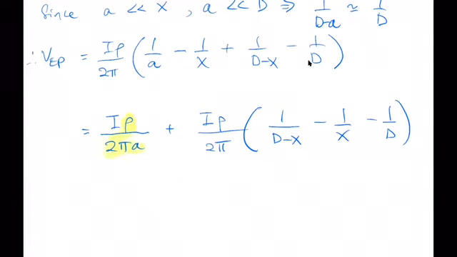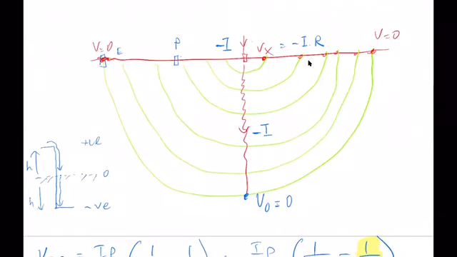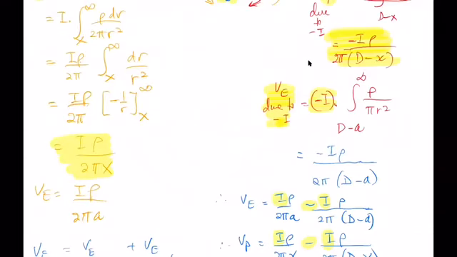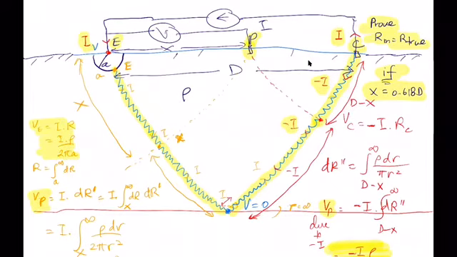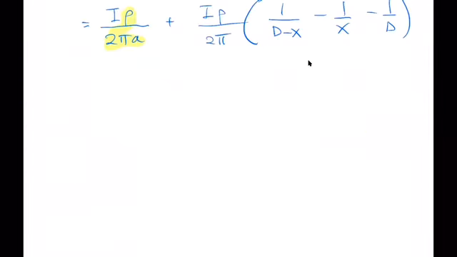What's that? This is VE. No, rho over 2 pi A. What is rho over 2 pi A? R, resistance. Actually, R of the hemisphere, right? Yes. So this is R of the hemisphere.